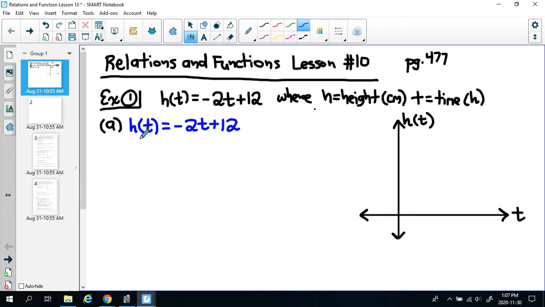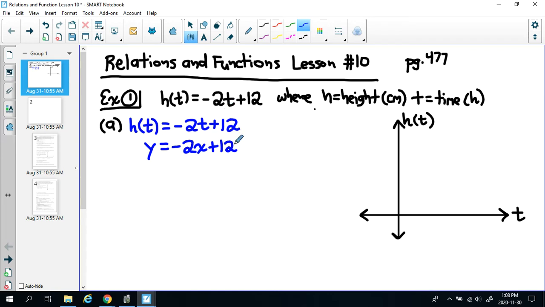Now, to turn this into the xy notation, h as a function of t is your output. It's the same thing as your variable y. And this would be equal to negative 2 times, well, your input variable would be time in this situation, and in the xy notation, your input variable would always be x. So you'd have negative 2x plus 12.